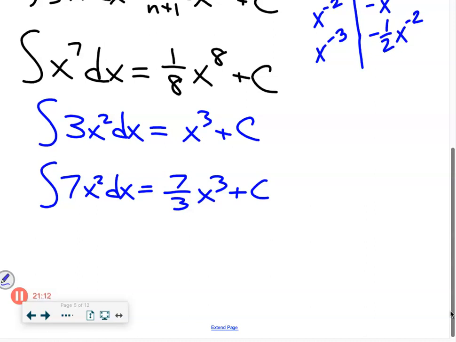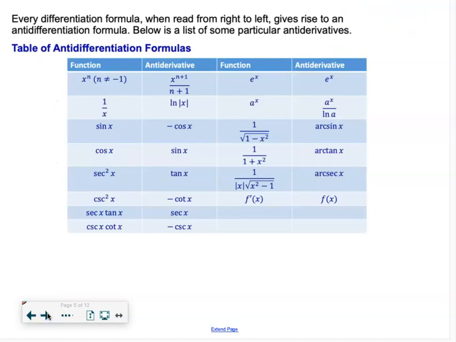So, okay. That being said, do not spend time writing all these down. Please, do not. This is in your book. It's a table of anti-differentiation formulas. It's in the PDF. You can always look at the PDF if you want. We're going to walk through these in notes anyway. You'll eventually have all these in your notes.